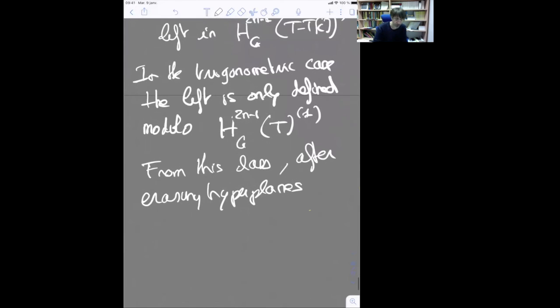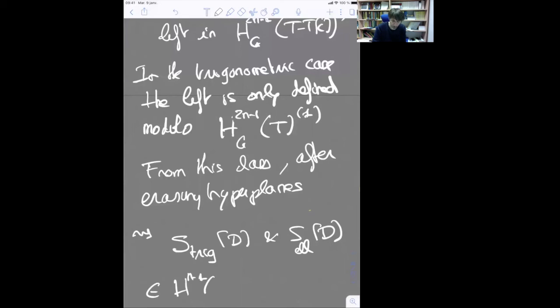Then we get classes trigonometric D and elliptic D in the cohomology of degree n-1 of the group G.